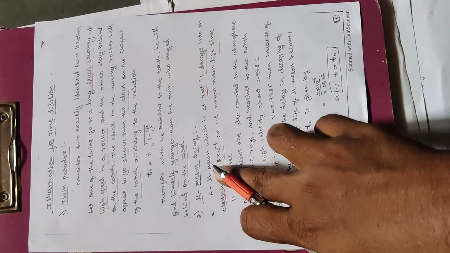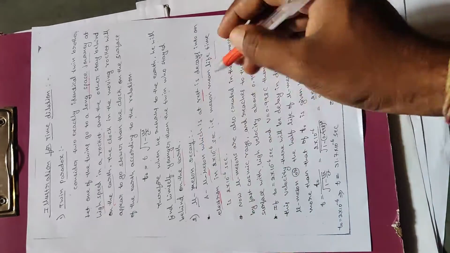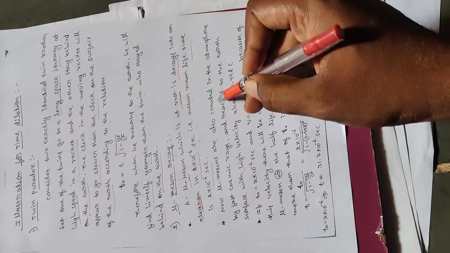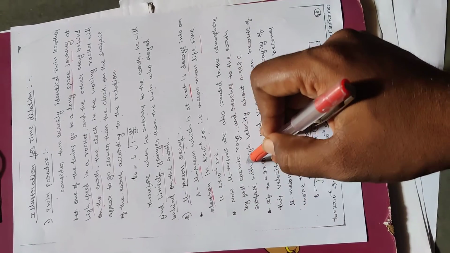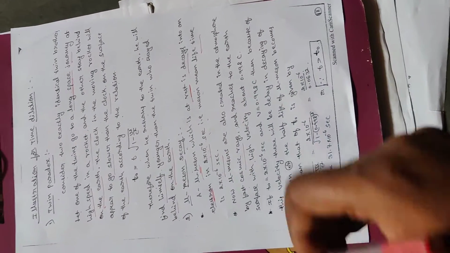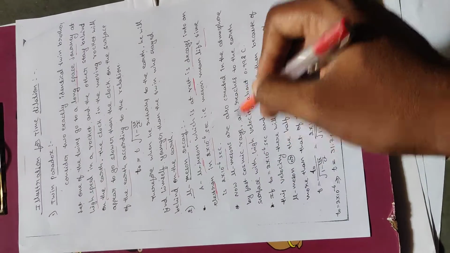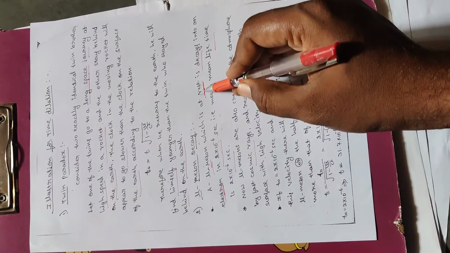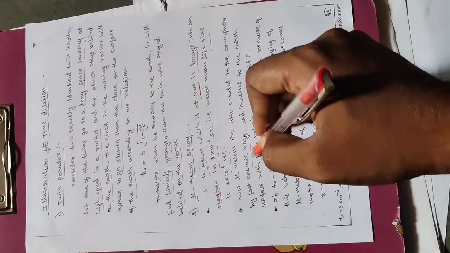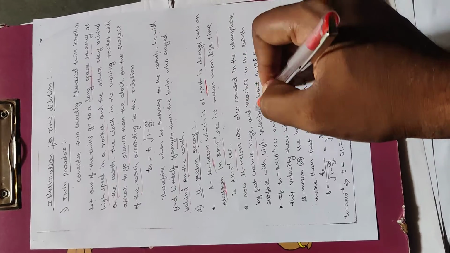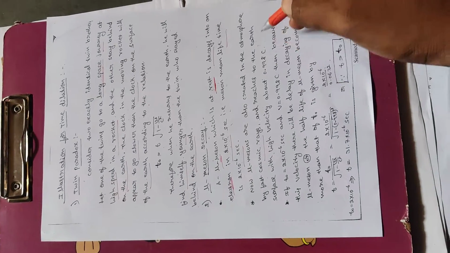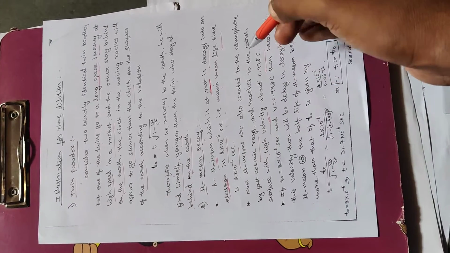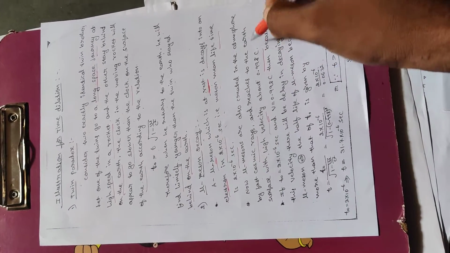This is at rest. Now mu mesons are also created in the atmosphere by fast cosmic rays. Here the same mu mesons are at some velocity and reach the earth's surface with high velocity, about 0.998 c.